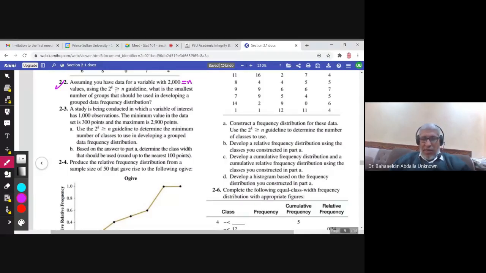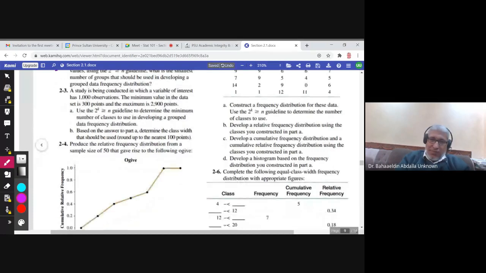Using this guideline, what is the smallest number of groups or classes that should be used in developing a grouped data frequency distribution? To develop a grouped data frequency distribution, the first step is to determine the number of classes. The question here, what is the smallest number of classes?